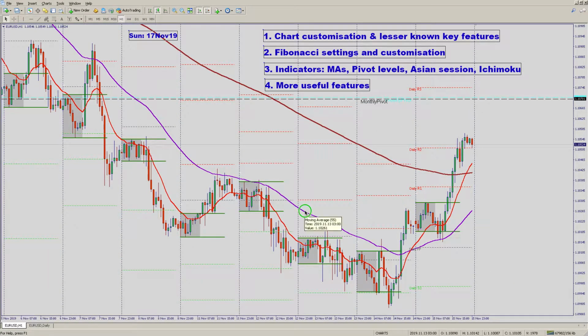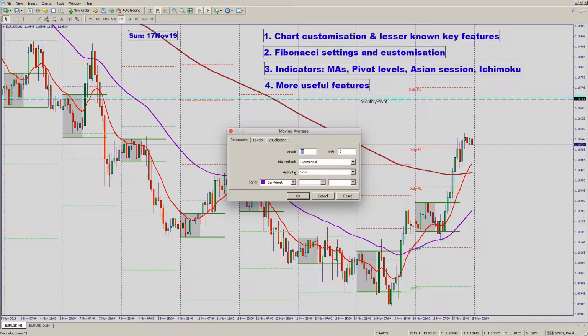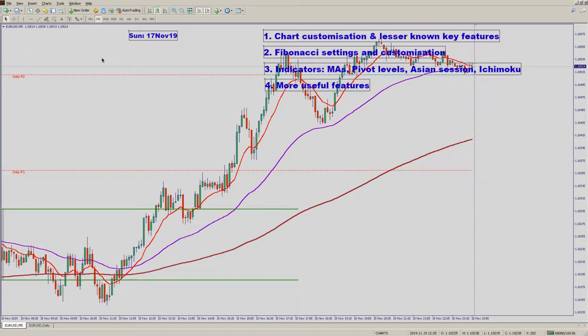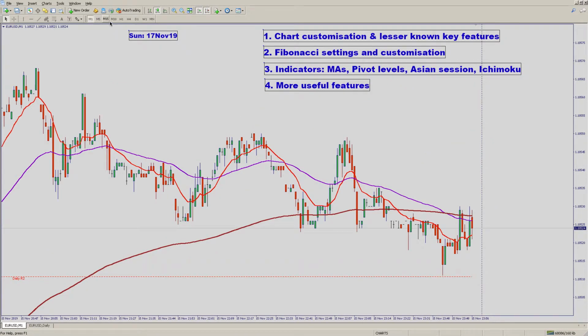If you right click to the properties of the moving average, you'll see the last tab as visualization, and you can actually select which time frames you want this moving average to appear at. If you select all, then it shows all the way down to the 1 minute as well.